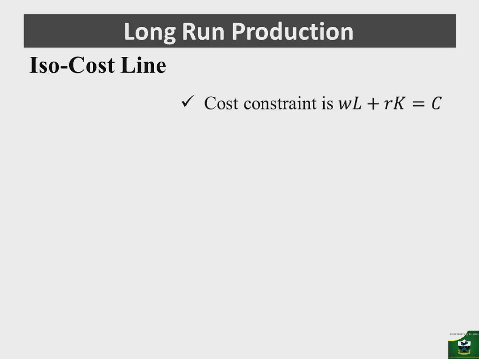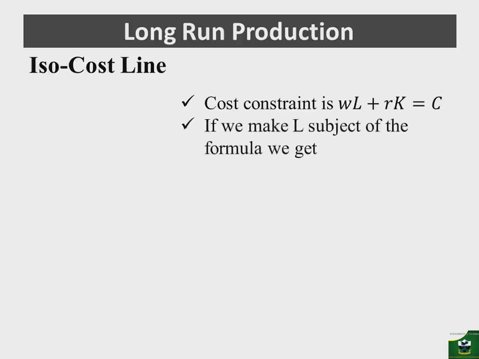Now let's consider the cost constraint WL plus RK equal to C, where in this case we are dealing with an equal sign. If we make L the subject of the formula, we get L equal to C over W minus R over W K. Now this is similar to the one we looked at in the theory of the consumer, where this was the income, this was the price of commodity X, and this was the price of commodity Y. Well, L was X and K was Y here.